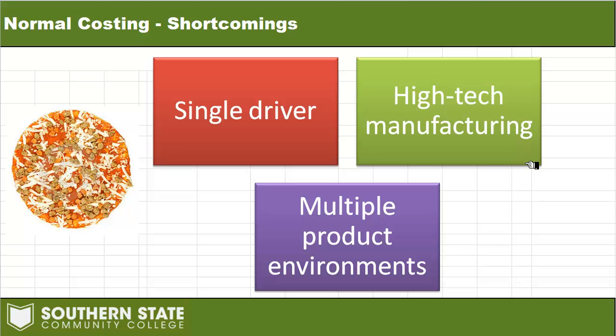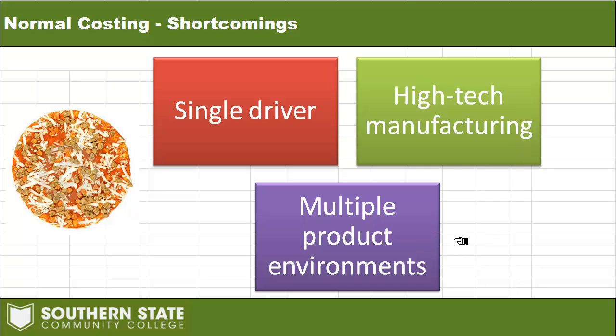Now that we have a lot of technology in factories, a lot of robots and things like that, we've essentially gotten rid of a lot of direct labor and replaced it with machines that do the work for us. So we really have a big emphasis on overhead now, whereas in the past we didn't have a lot of overhead because a lot of what we did was direct labor. So another problem with normal costing is it's not designed to handle a whole bunch of overhead.